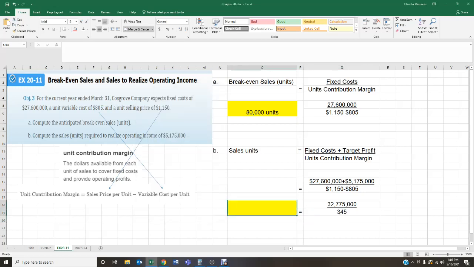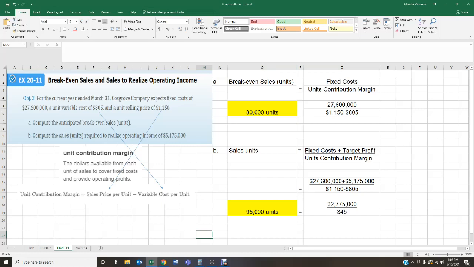95,000 units. So if we want to have operating income of 5,175,000, how many units do I have to sell? You would have to sell 95,000 units to generate the 5,175,000 of income that management wants. At 80,000 units, we break even. Anything above 80,000 units is money in our pocket.